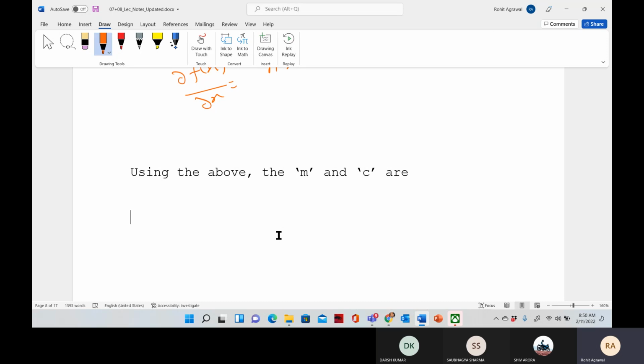First we will write m. So m is equal to covariance of x comma y divided by variance of x. This will be your m.